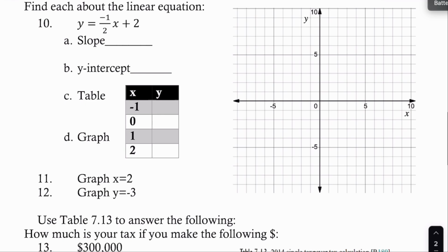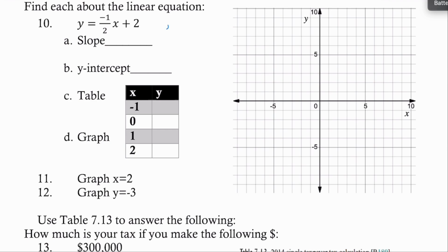Next, let's talk about linear equations. You're going to have 3 linear equations to graph. One that is in slope-intercept form, one that is an x equals for a vertical line, and one that is a y equals for a horizontal line. So I am going to ask you, what is the slope and the y-intercept for that line?